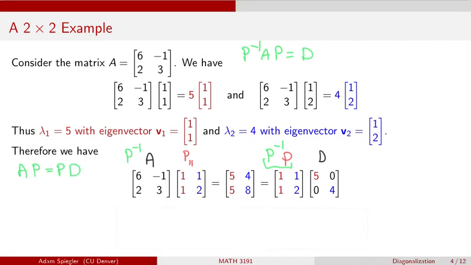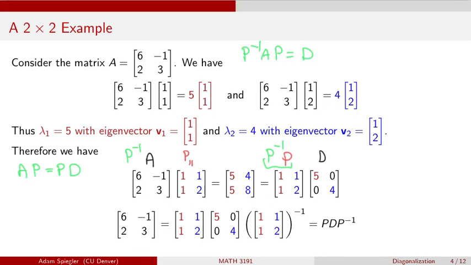That's a little bit easier than checking the full condition below, which would require us to actually find the inverse of matrix P and then take the product of these three matrices.